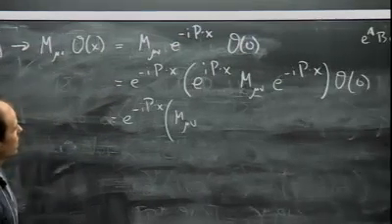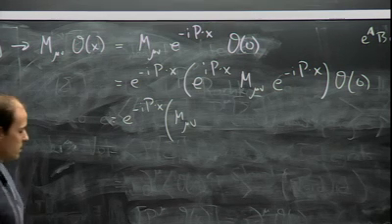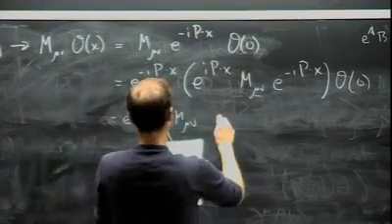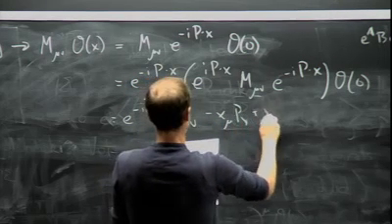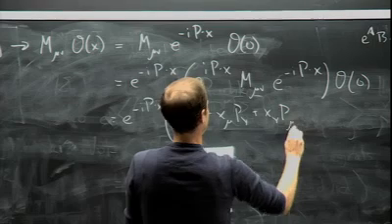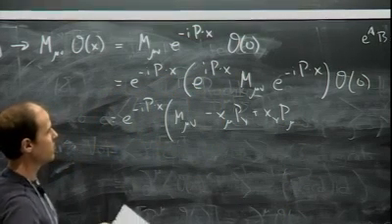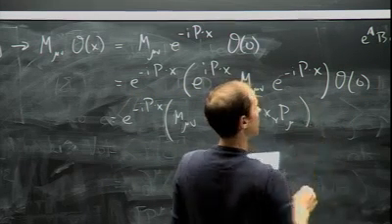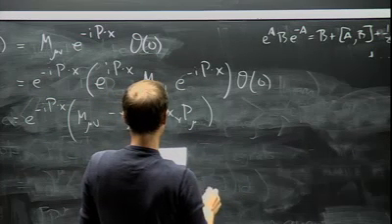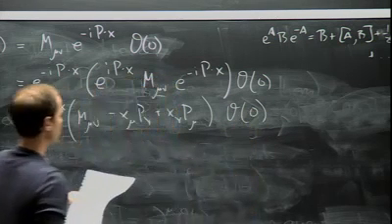The next term will have some commutators of M mu nu with P, and those are just given by various P's. So that's x mu P nu plus x nu P mu. And then we have commutators of P's with P's, which are just 0. So the thing truncates at second order. And that's just that.